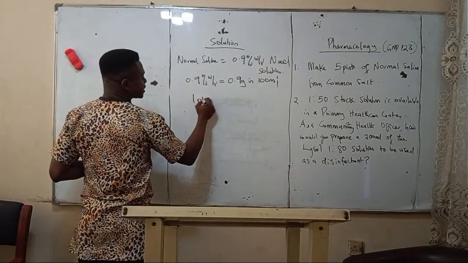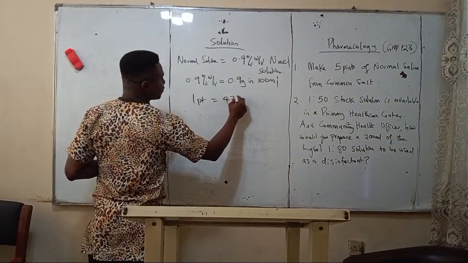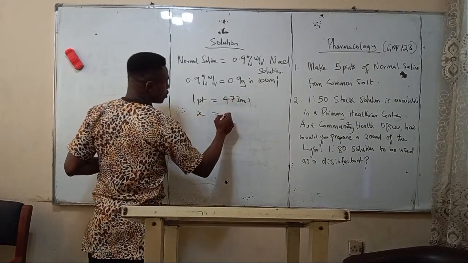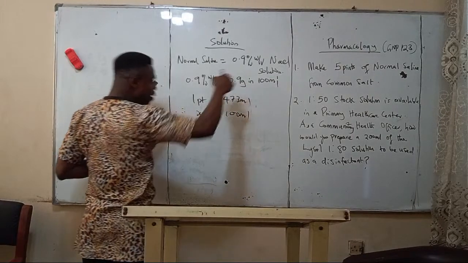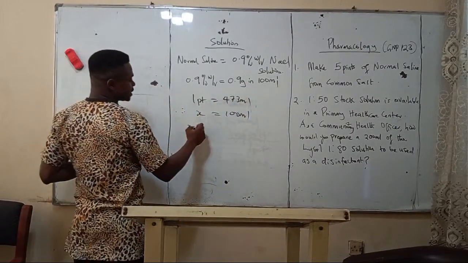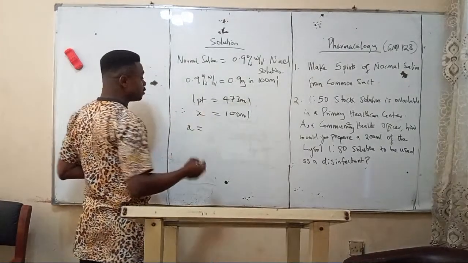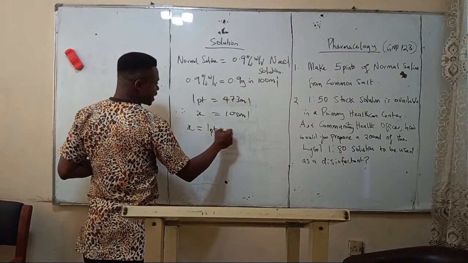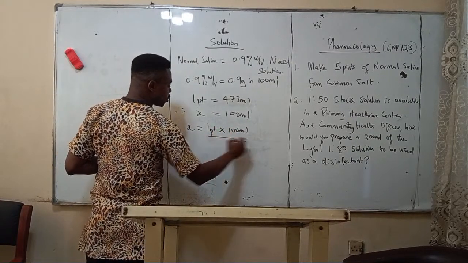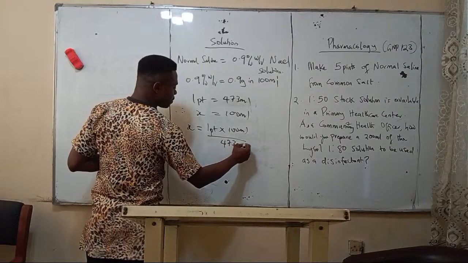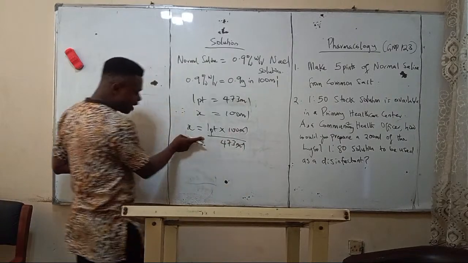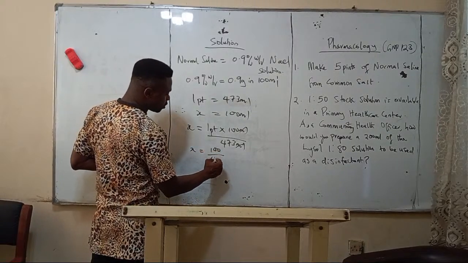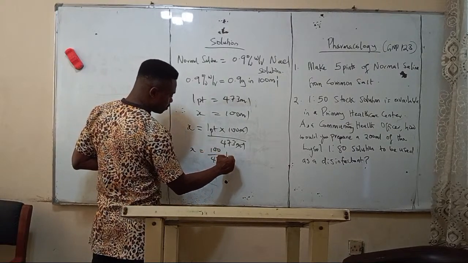1 pint is 473 ml. Therefore, how many pints will 100 ml be? I think I'll go by this second one. Although we'll get the same answer anyway, this one is better. X equals 1 pint times 100 ml over 473 ml. We cancel ml, and we have it in pints. So X is actually 100 over 473 pints.